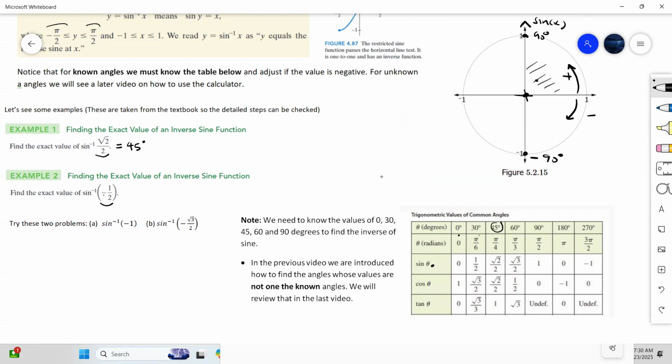So above the x-axis, you have positive y values. Below the x-axis, you have negative values. So negative 1/2 means you're here somewhere. Okay, so now I just have to look for the 1/2 for sine. So here it is. Okay, and the angle is 30 degrees.